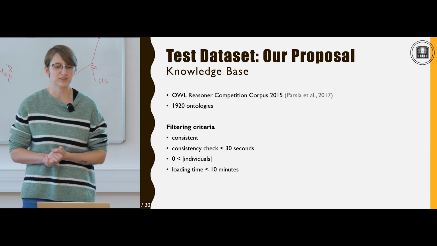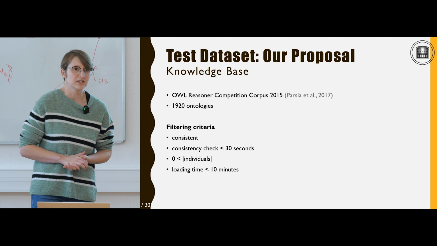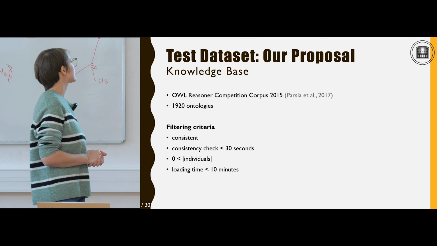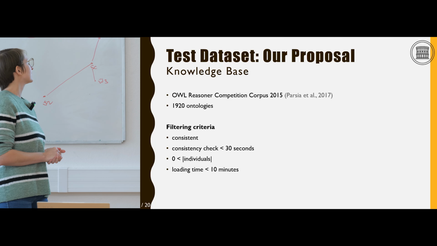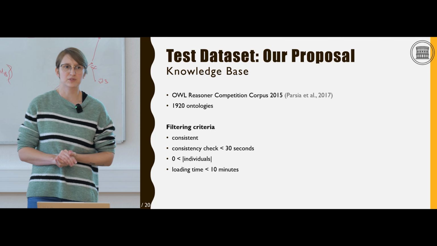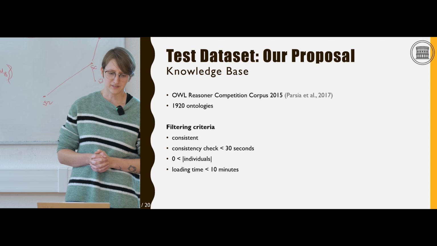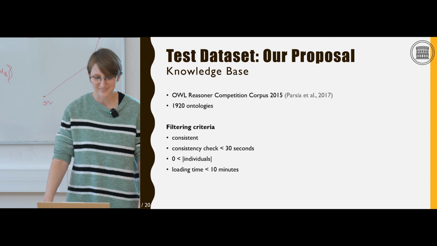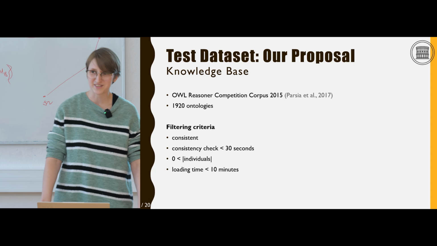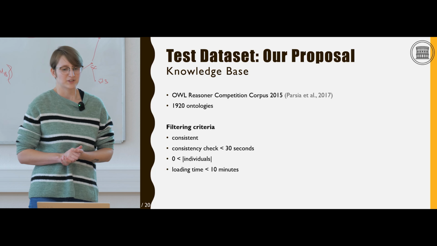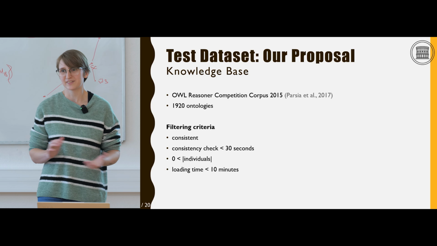So let's start with the knowledge base. We were inspired by the first approach by Koopman. So we chose that competition corpus, which included 1,920 ontologies. But that is a lot.